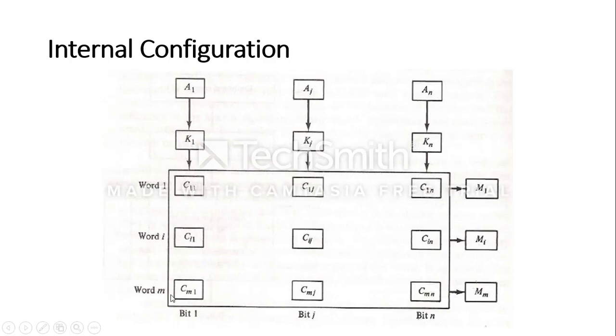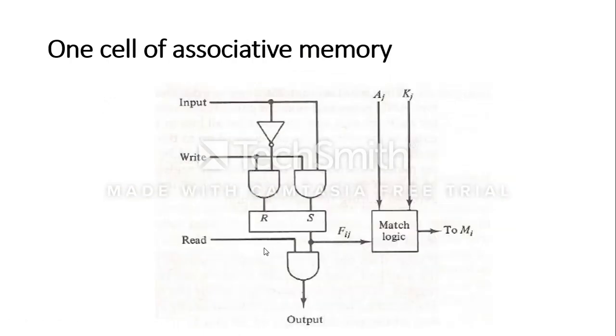So the last word in this memory configuration is word number M: Cm1, Cm2, Cm3, Cmj up to Cmn. So this is how individual bits are available internally in an associative memory and the corresponding registers.